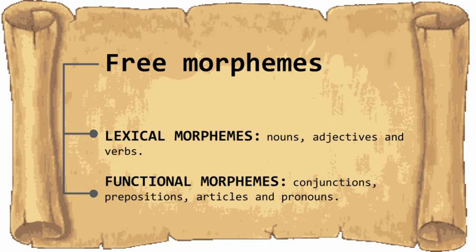Other types of free morphemes are called functional morphemes. This set consists largely of the functional words in the language, such as conjunctions, prepositions, articles, and pronouns. Because we almost never add new functional morphemes to the language, they are described as closed class of words.